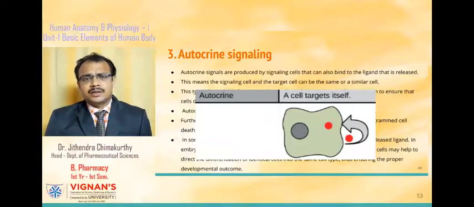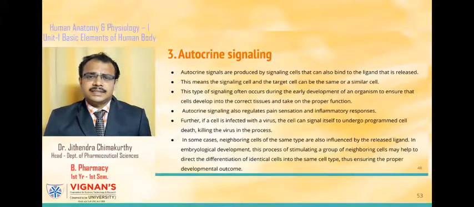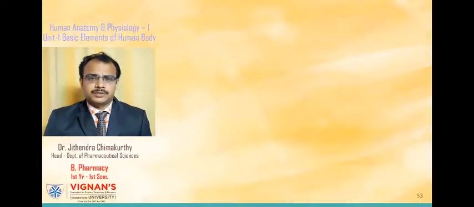Autocrine signaling also regulates pain sensations and inflammatory responses. Further, if a cell is infected with a virus, the signals from that cell will direct it to undergo self-destruction or programmed death, which is called apoptosis.